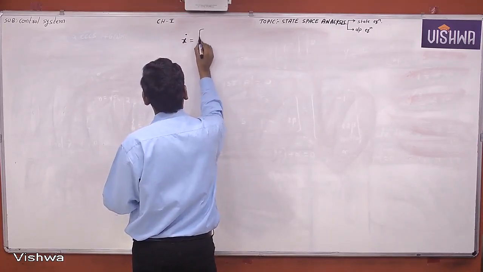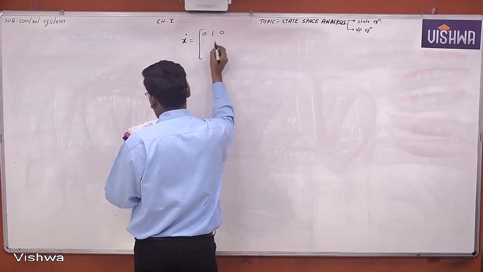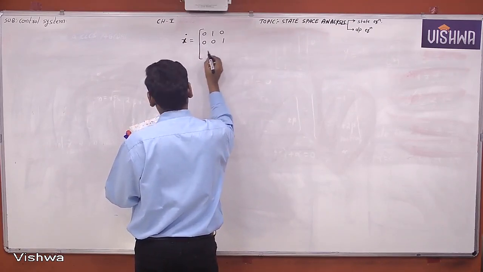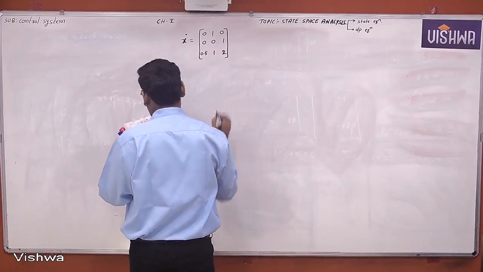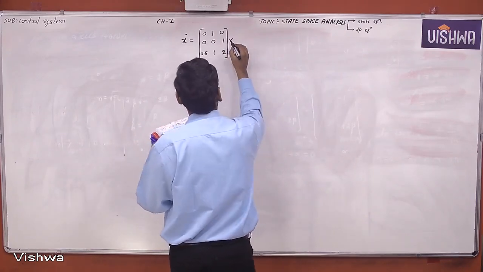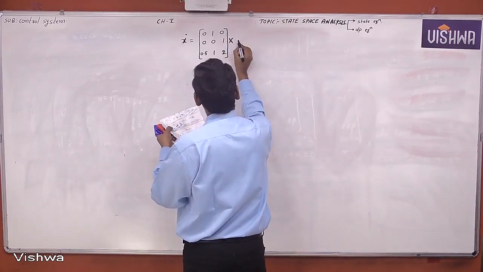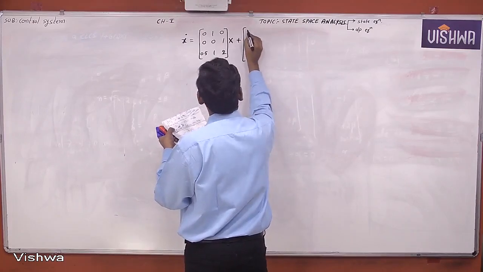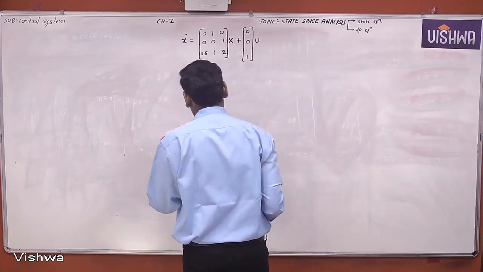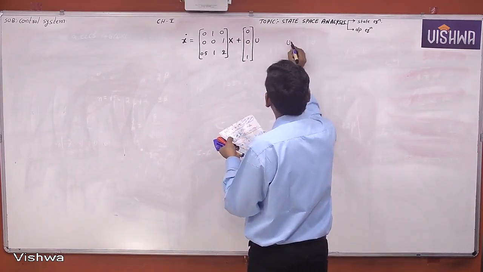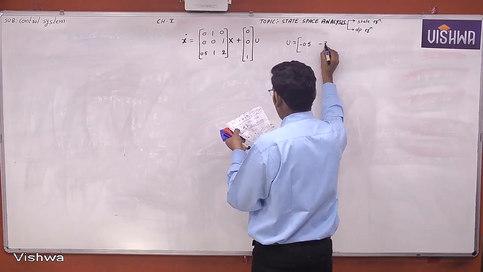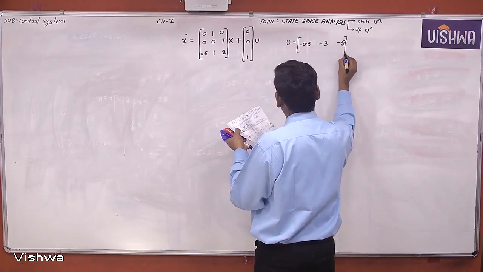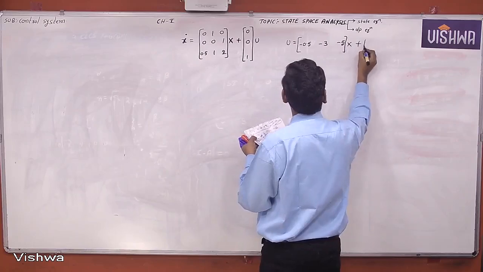X dot equals 0 1 0, 0 0 1, 0.5 1 2 into x, plus 0 0 1 into u, where u equals minus 0.5 minus 3 minus 5 into x plus some k.